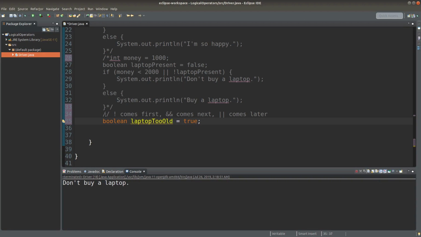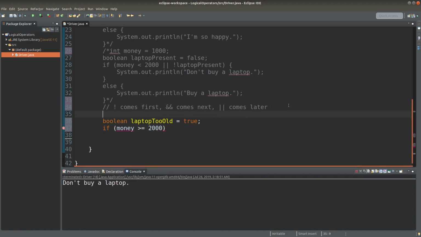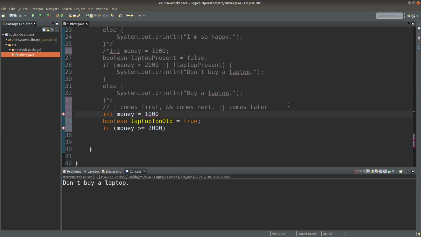Suppose my laptop is already too old. I'm considering whether I want to buy a new one. Of course, I have to consider my money first. In order to consider the money, I have to set up the money variable first. Suppose I also have $1,000 only in my account.